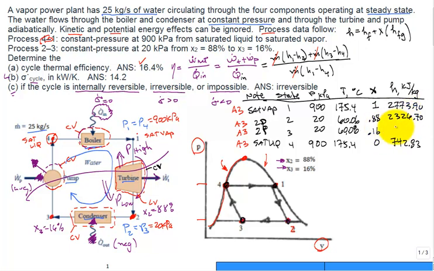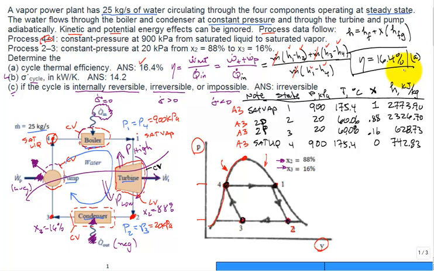And then 628.73. All right, now that I have all those enthalpies, here's h1, there's h2, h3, h4. I'm running out of room, so just say you can calculate the thermal efficiency. And it comes in at 16.4%. That's the answer for part A. Box it and move to part B.